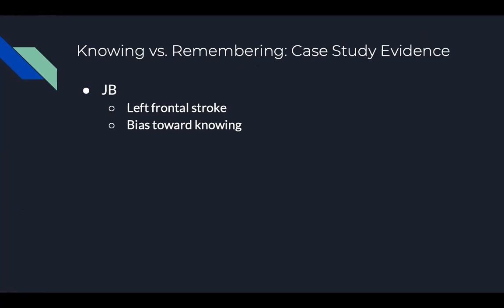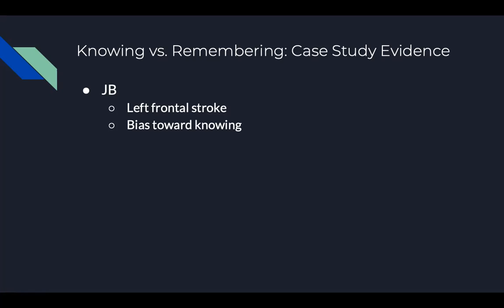So going back to JB, he had damage in his left frontal lobe rather than the right. And rather than a bias towards remembering, he showed a bias towards knowing.